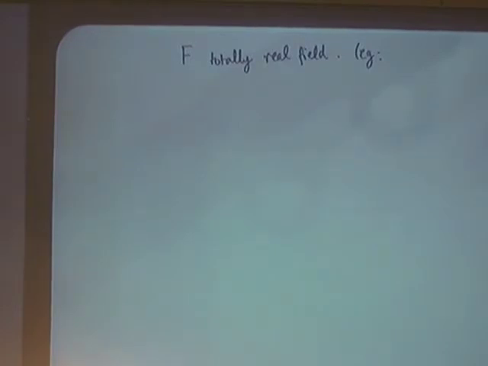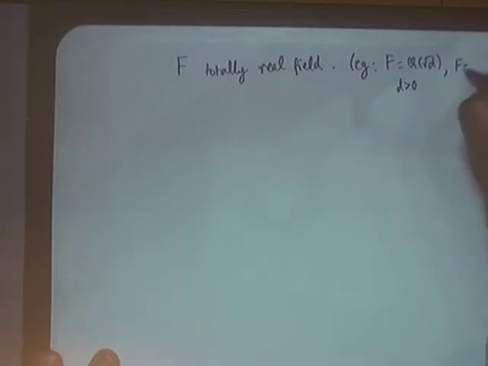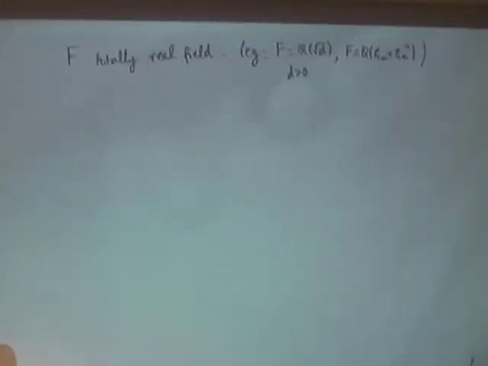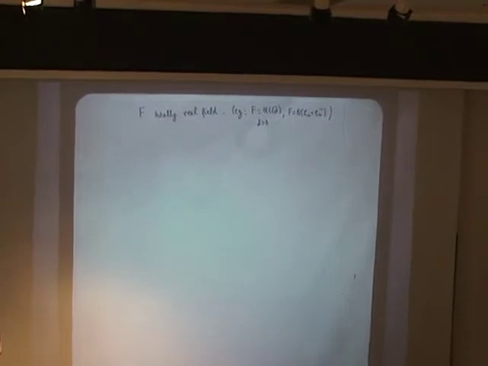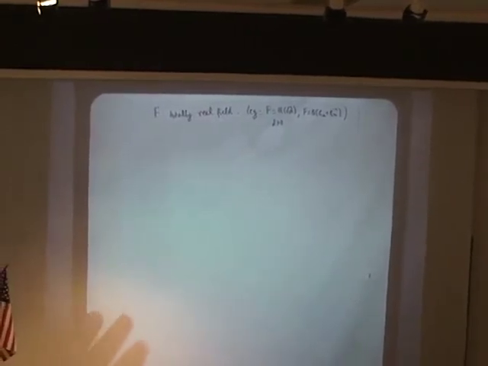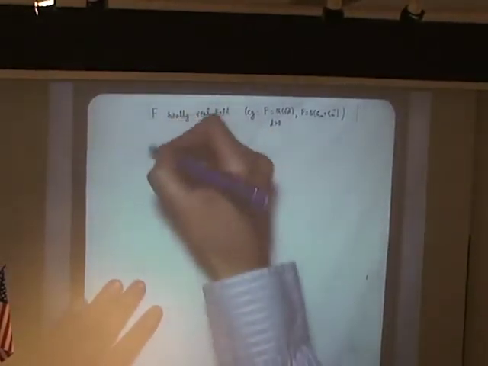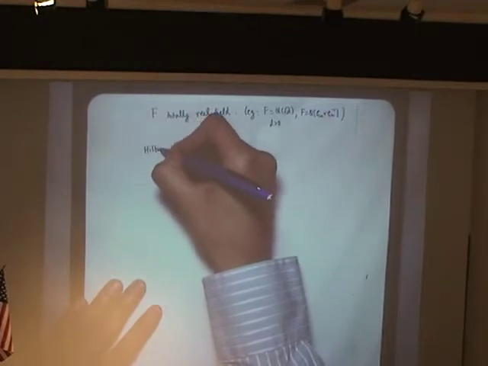Okay? So for example, you may think of F to be Q square root D, where D is positive, right? That's a real quadratic field. Or you could take F to be Q zeta M plus zeta M inverse, where zeta M is the primitive Mth root of unity. And that's a totally real field as well. Okay? All right. So over totally real fields, you can define the notion of Hilbert modular forms.